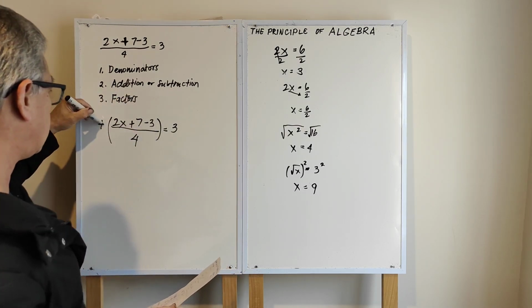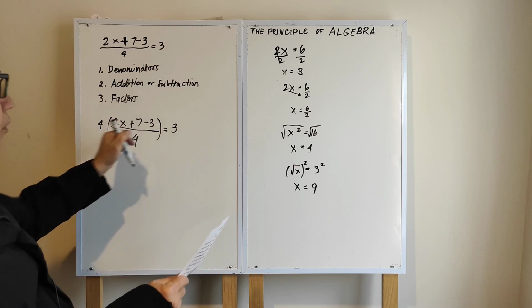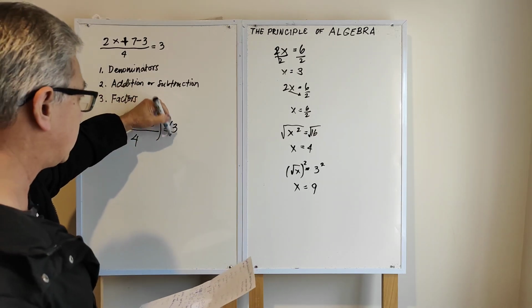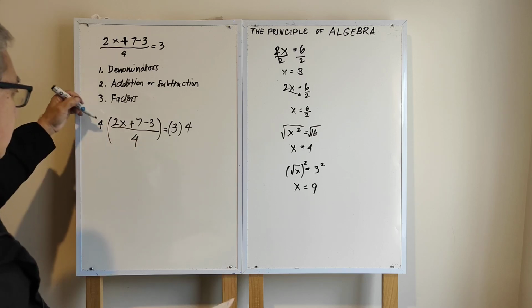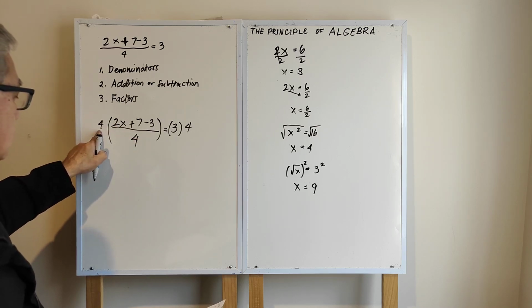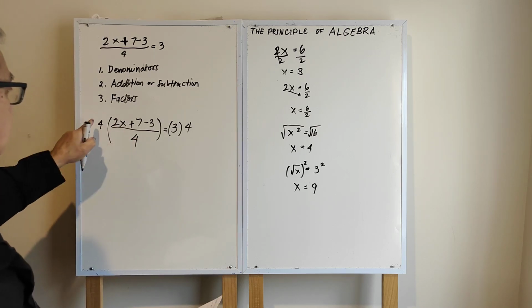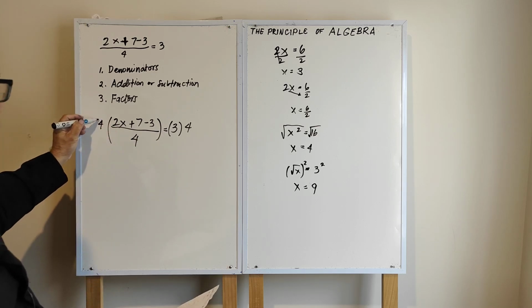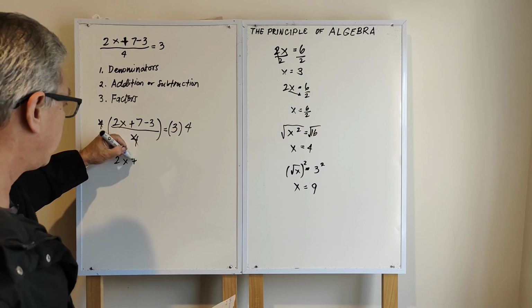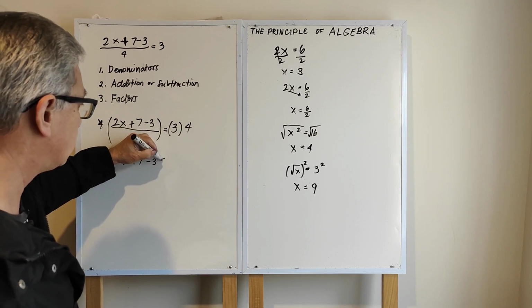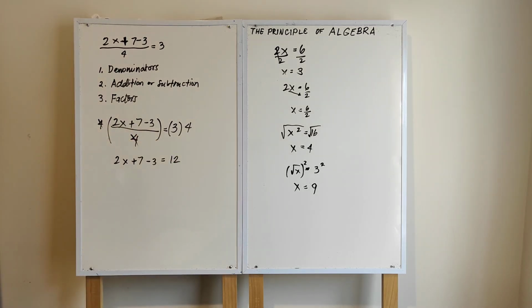So, we multiply this one by 4. But since we multiply the left side by 4, you have to multiply the right side by 4. Now, if we multiply, this one and this one will cancel out because 4 divided by 4 is equal to 1. What is left is 2x plus 7 minus 3 is equal to 12.